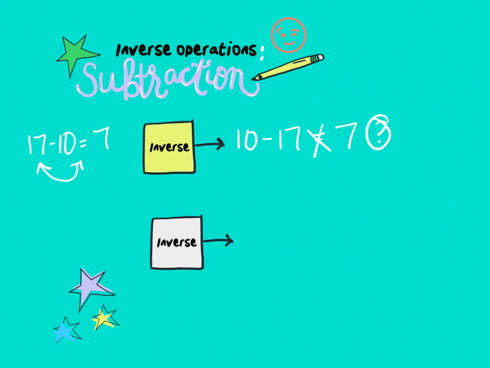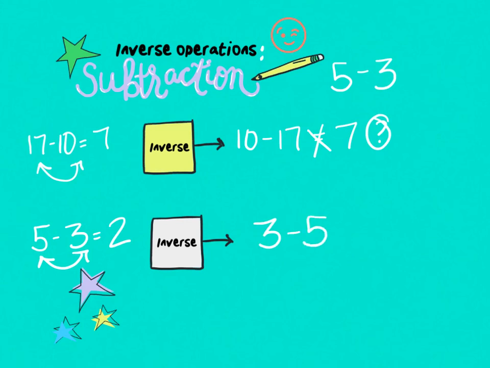Let's do another one. Let's do a smaller number, 5 minus 3. Okay, so 5 minus 3 equals 2. Okay, so if we were to flip these two numbers, the 5 and the 3, that would be 3 minus 5. 3 minus 5 does not equal 2 because you can't have three things and take away 5.